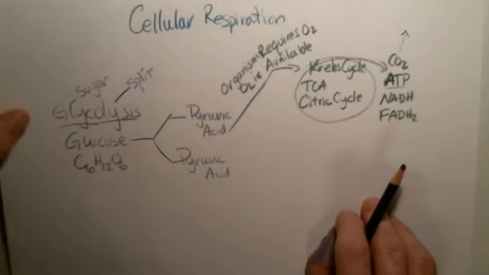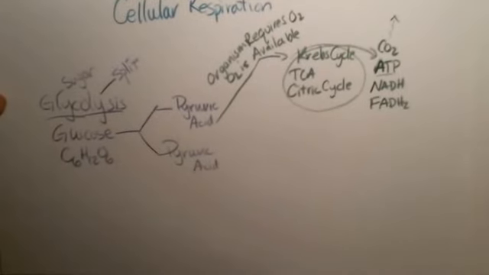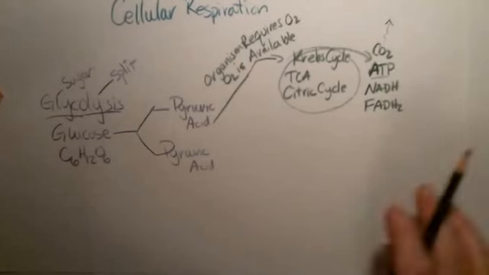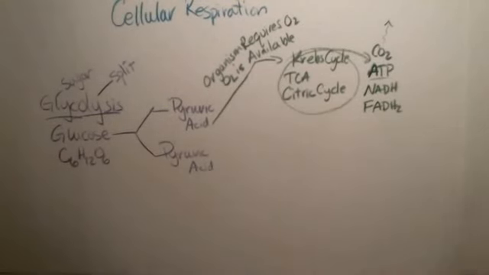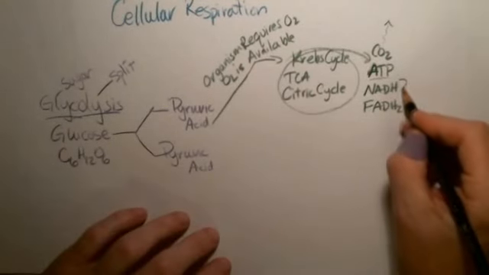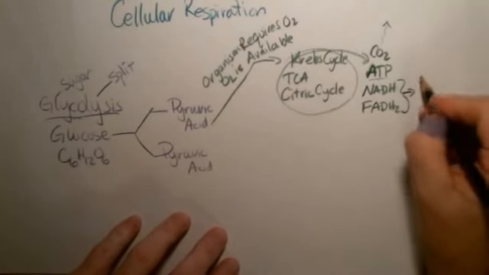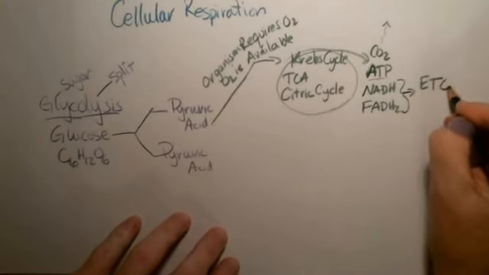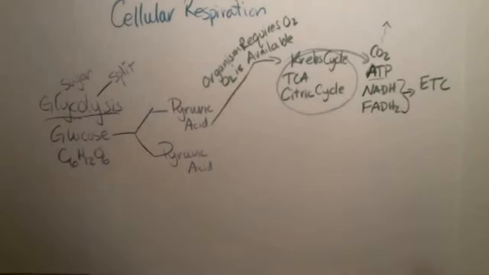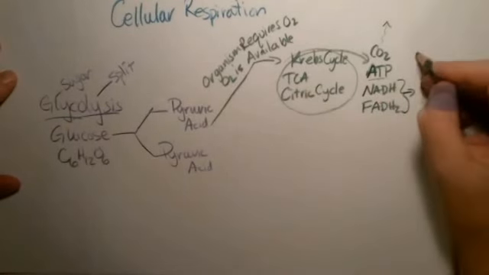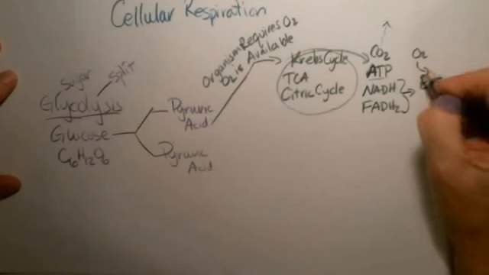Basically they store energy in the form of those hydrogens that have an electron attached to them, so that that energy can be used. In this case, these 2 electron carriers will be sent to a thing called the Electron Transport Chain, or the ETC. The ETC takes NADH and oxygen, so oxygen gas comes in.